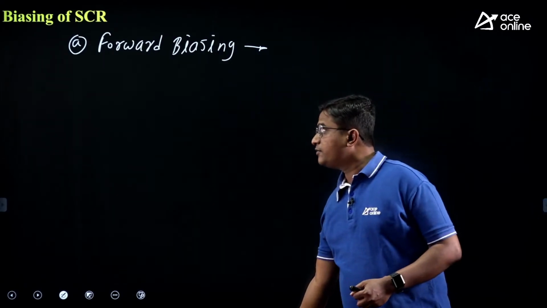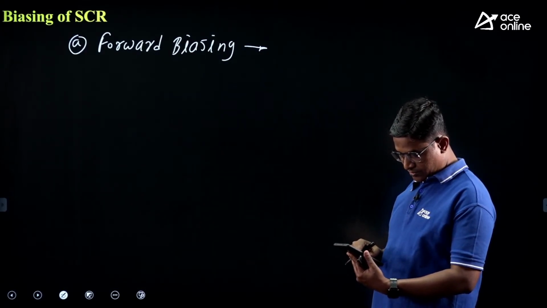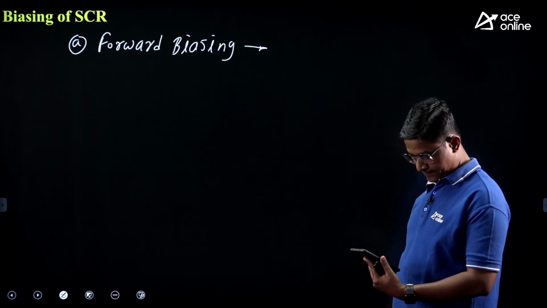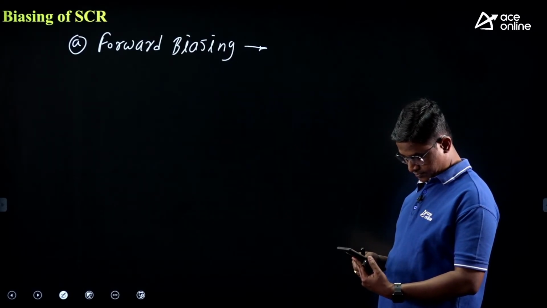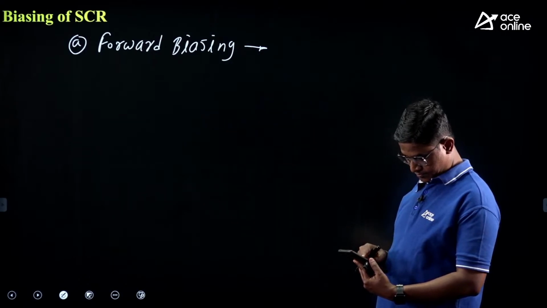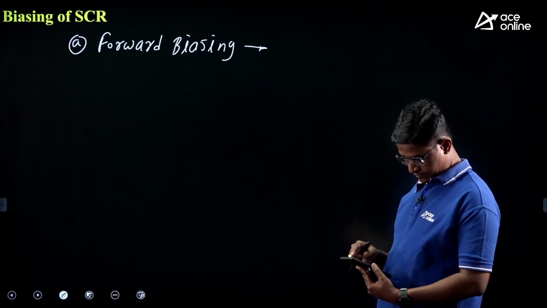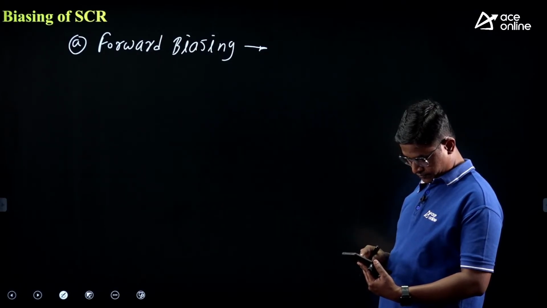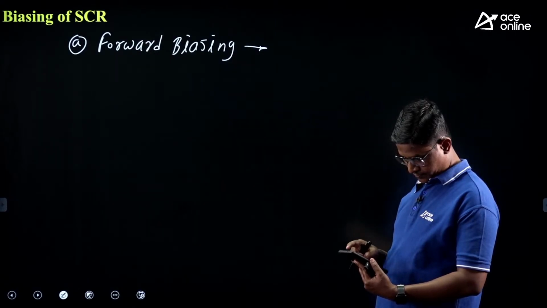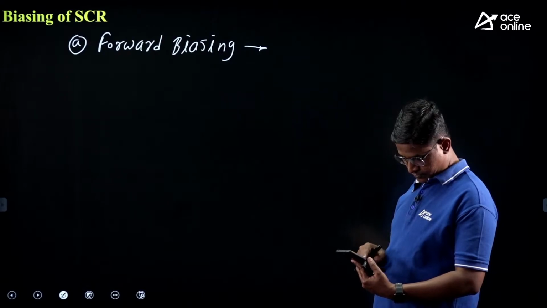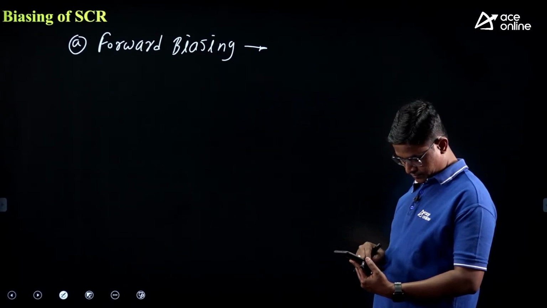Can anyone answer? When the SCR is in a forward bias mode, out of the 3 junctions, which junctions will be in a forward bias and which junctions will be in a reverse bias? It is simple.